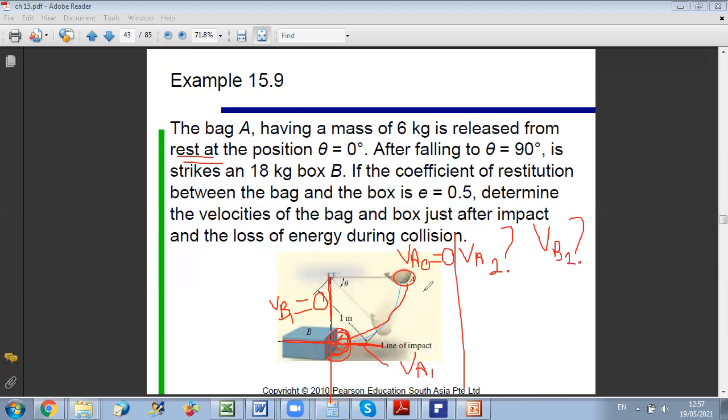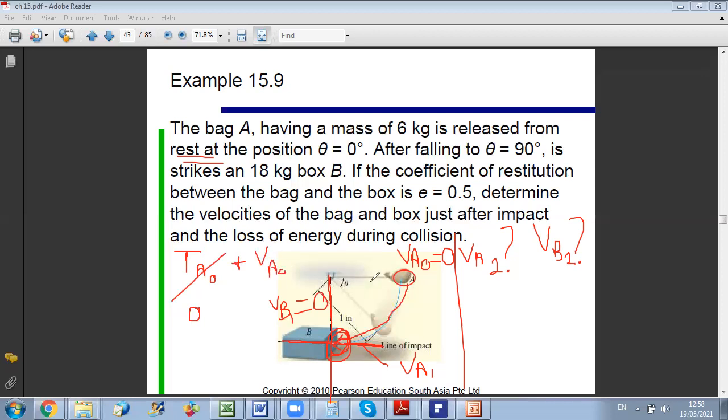And from conservation of mechanical energy, we can write that TA, the kinetic energy at state 0, which is 0 because it's starting from rest, plus the potential energy at state 0.